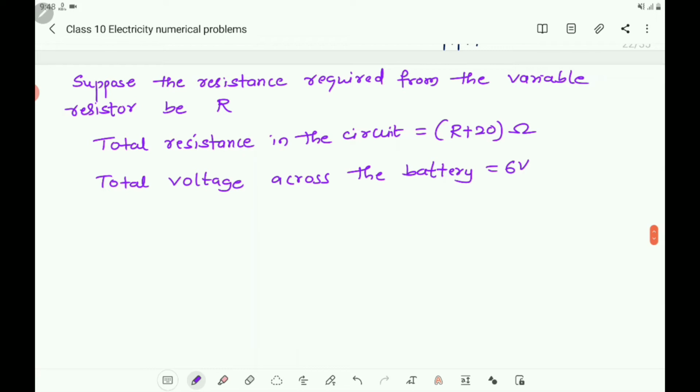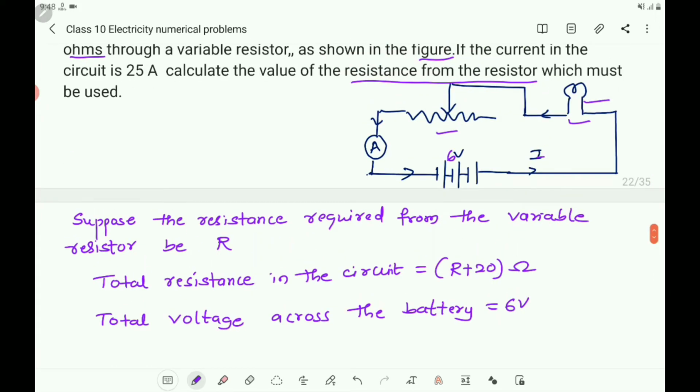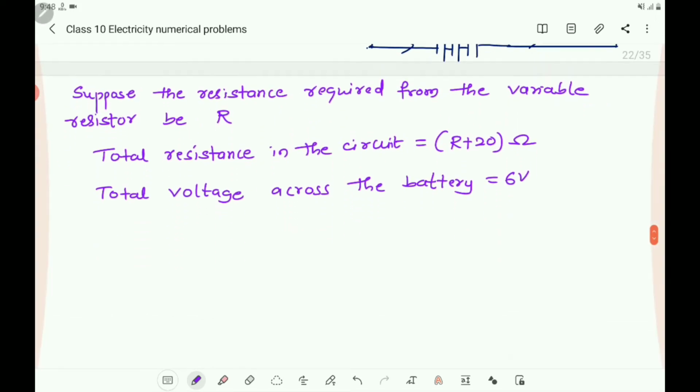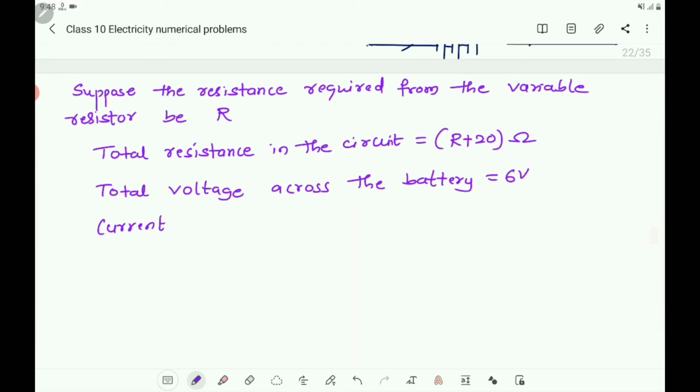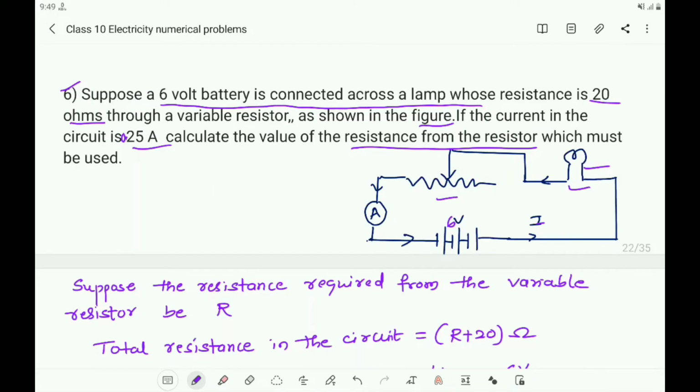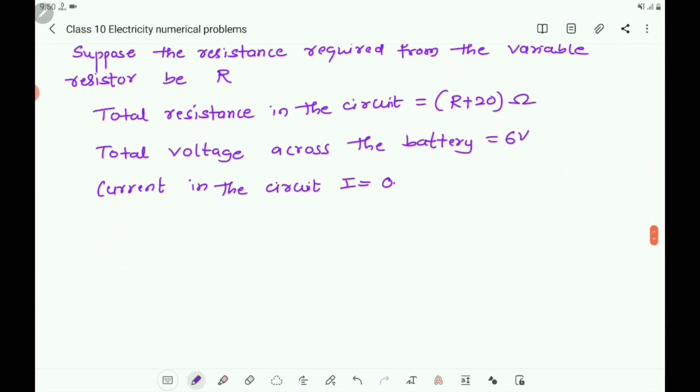So the current in the circuit is given, that is 0.25 ampere. So write current in the circuit is 0.25 amps.